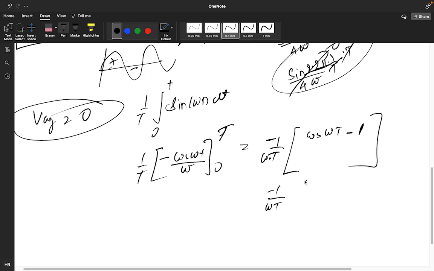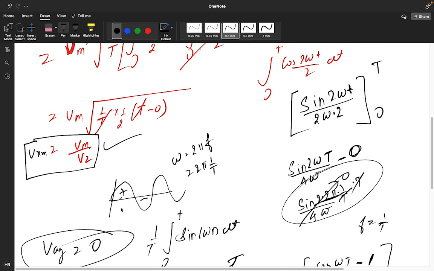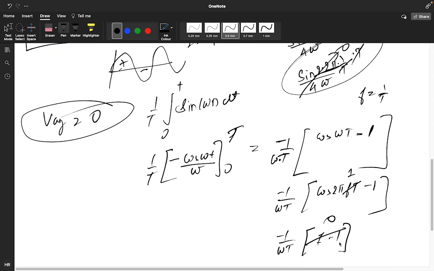Omega is 2 pi f, and f into T is 1, so cos 2 pi is 1. Minus 1 by omega T times (1 minus 1), you get 0. So the average value is 0 by the diagram and by this method also.